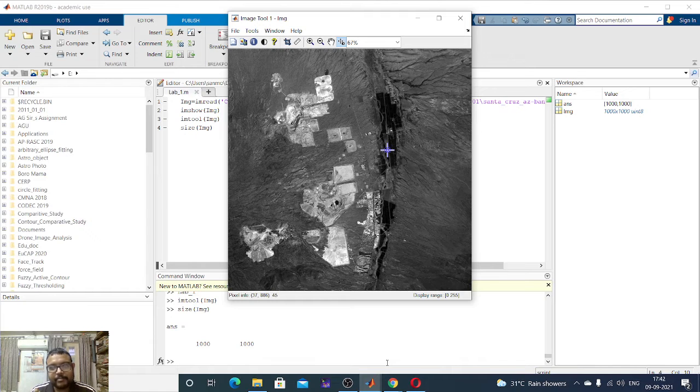For displaying the image, there is some axis rule actually. Or you can check and tell me what change you have noticed on the axis.